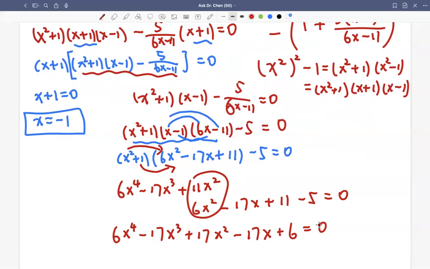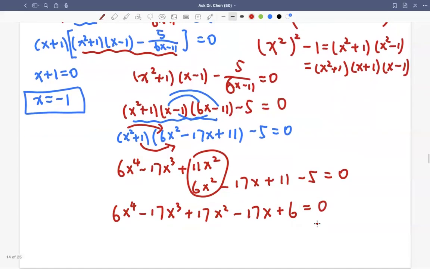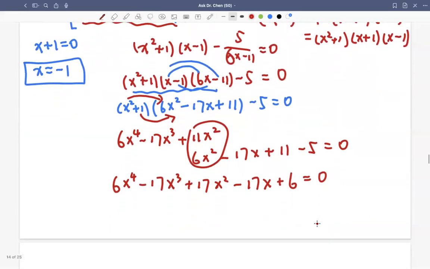Okay, how does this help us? We could try to see if it's factorable. 6x to the 4th. Maybe, let's see.